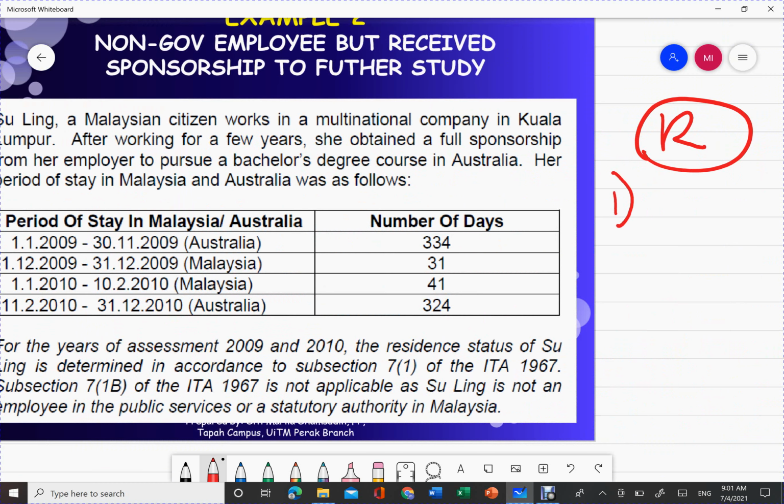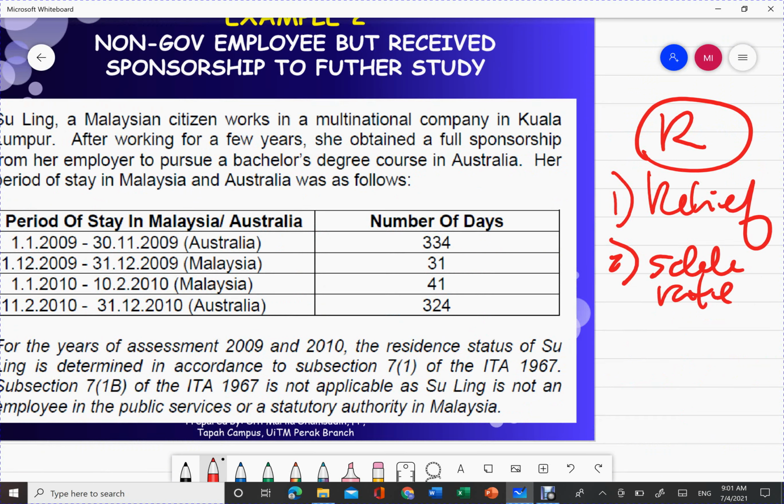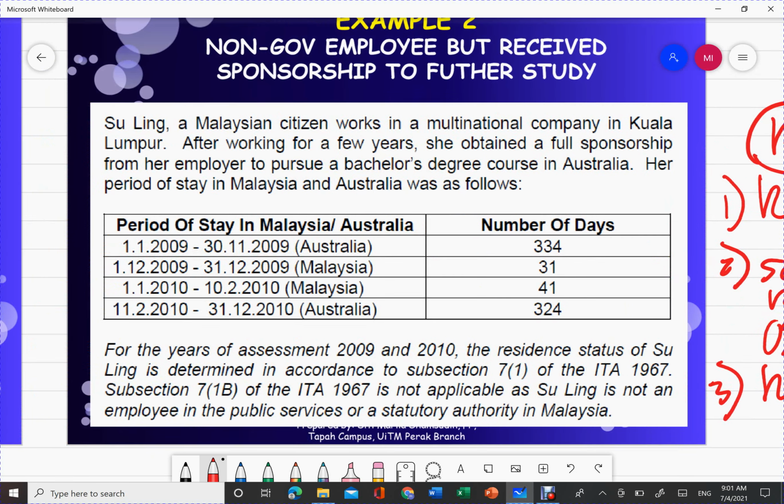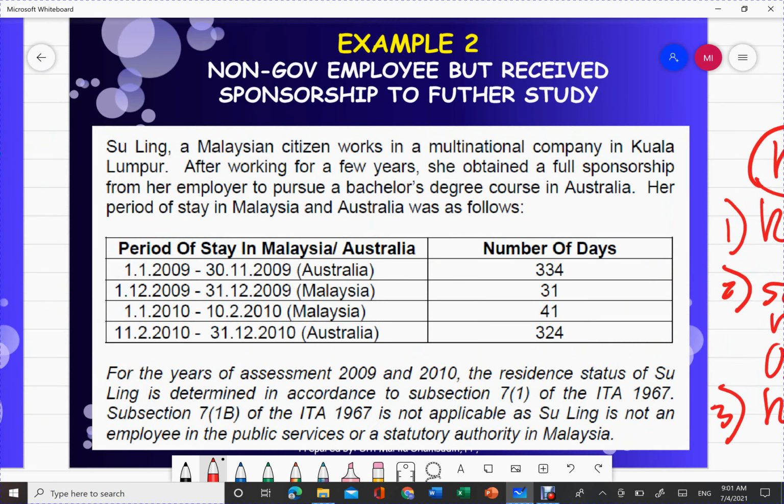The first one is that you will be entitled for relief. Then you pay tax using the scale rate, not a flat rate of 30%, it is 0% up to 30%. And the third, you're going to get rebate. This is the perks, the beauty of becoming a resident in Malaysia if you have to pay tax in Malaysia.